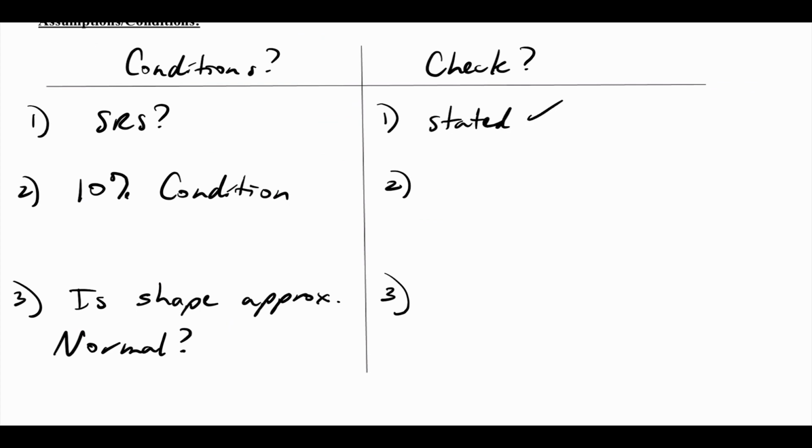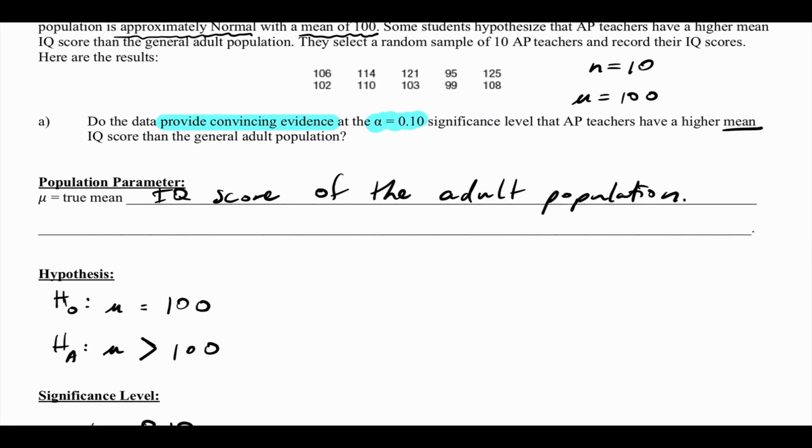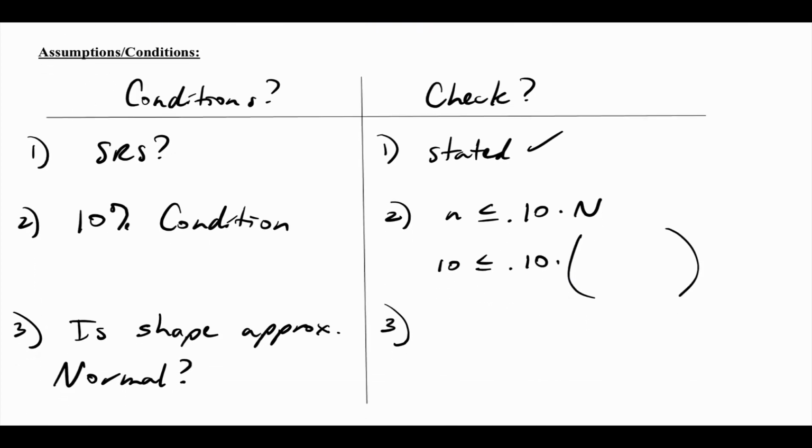Good there. 10% condition: n is less than or equal to 10% of big N. Well, we have little n, right? If little n is 10 from the 10 AP teachers, who is big N?